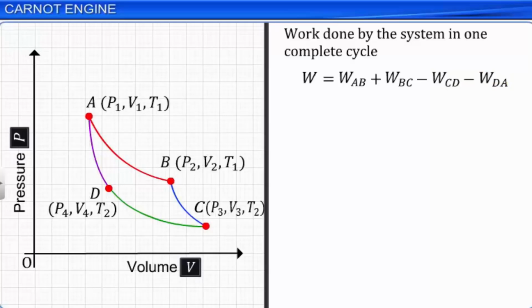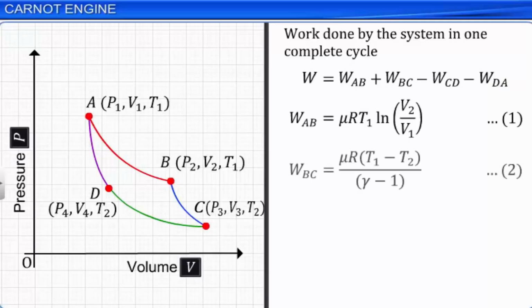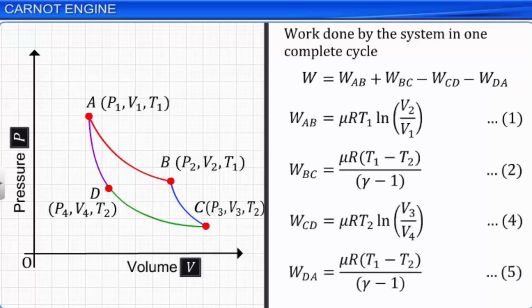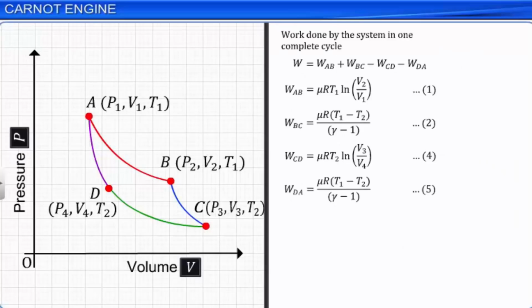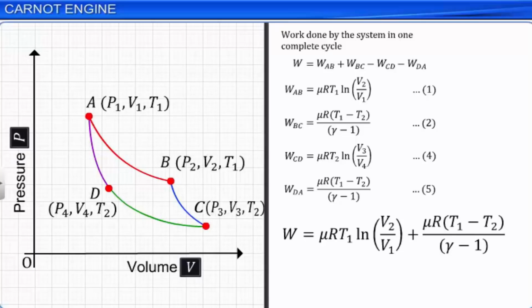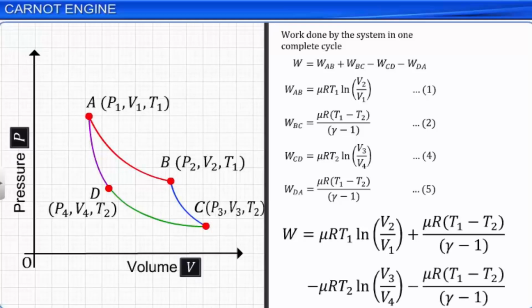On substituting the values from equations 1, 2, 4 and 5, we get W is equal to μRT1 ln(V2/V1) plus μR(T1 − T2)/(γ − 1) minus μRT2 ln(V3/V4) minus μR(T1 − T2)/(γ − 1).